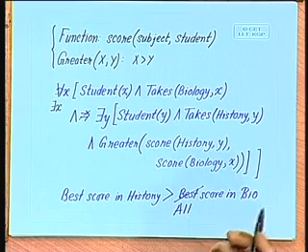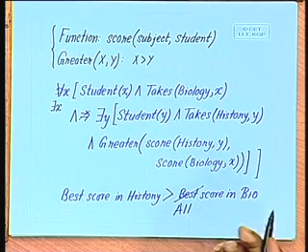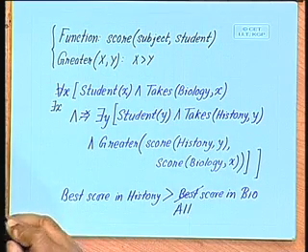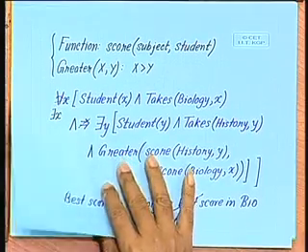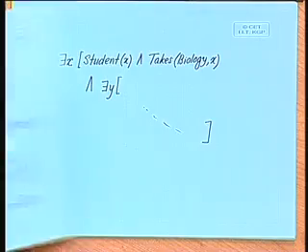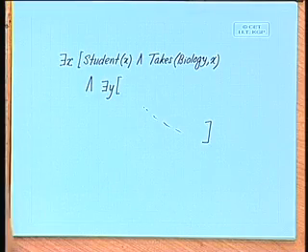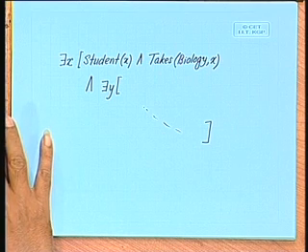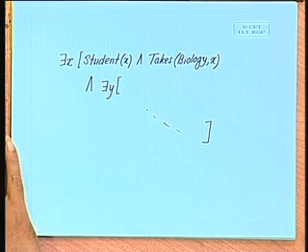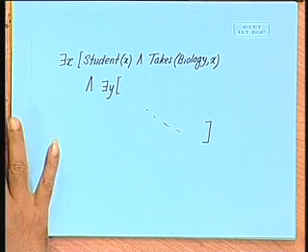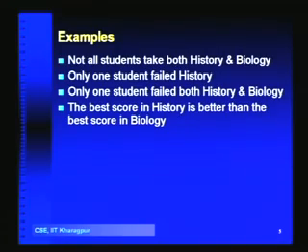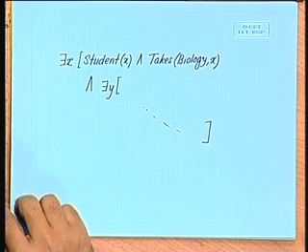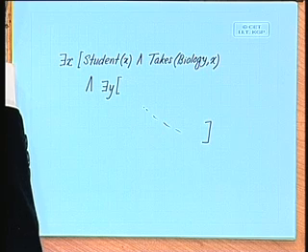But it does not express the intent that the best score in history is better than all scores in biology. Just think it over. You have to spend some time digesting the logic, and you have to try writing out a few more statements yourselves to get the hang of things. And it is good to debate on what are the different ways to write the same property and whether we can actually write one property in many ways.